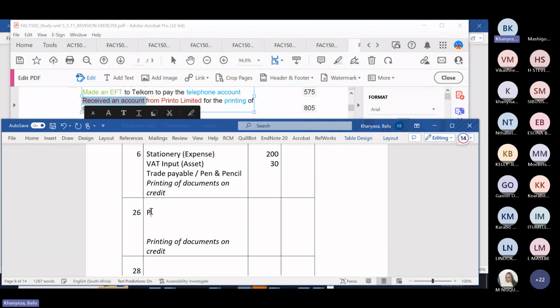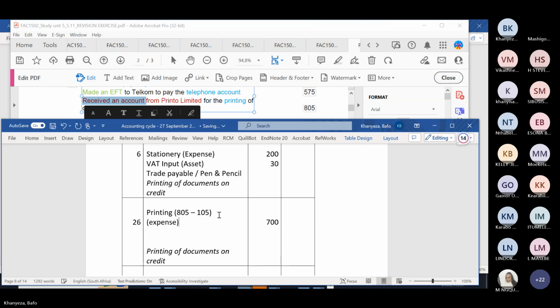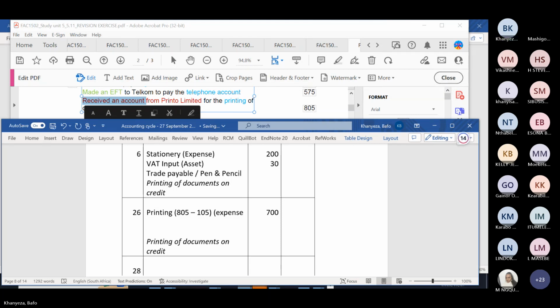The expense is printing, which is 805 minus 105, which gives us 700. It's an expense. Also, below we have input VAT.